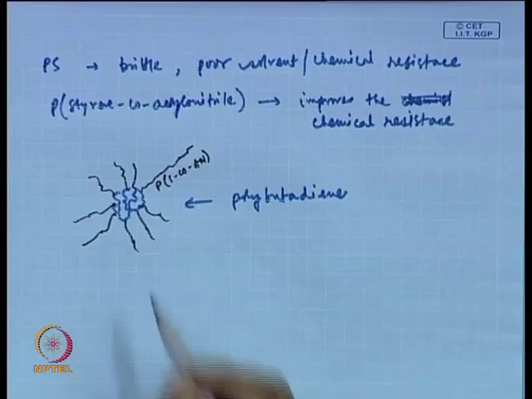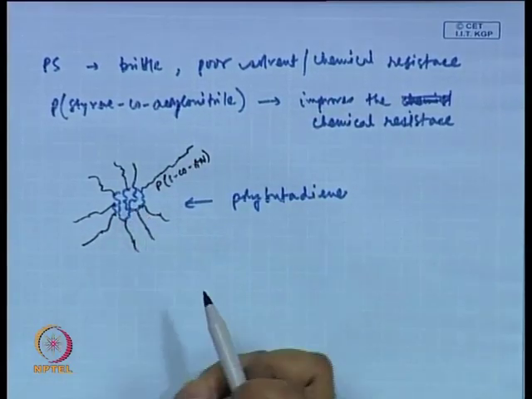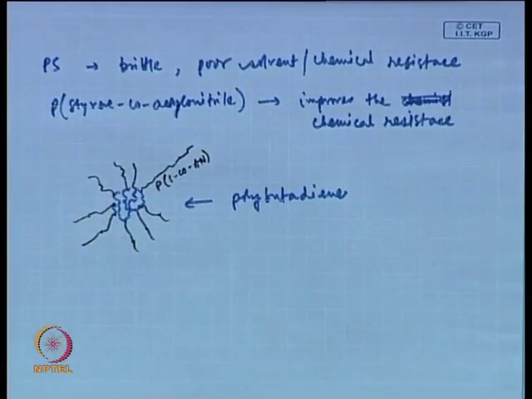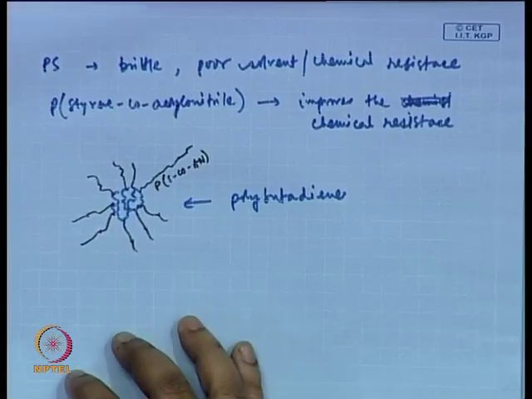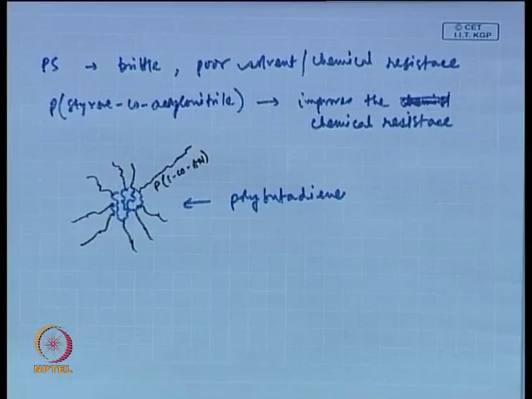Because it is soft, when you impact it, it absorbs the impact and makes the polymer material less brittle compared to either polystyrene or a copolymer of polystyrene and acrylonitrile. This is one example where you can see that copolymerization techniques are used to improve the properties of polystyrene by copolymerization with other monomers.